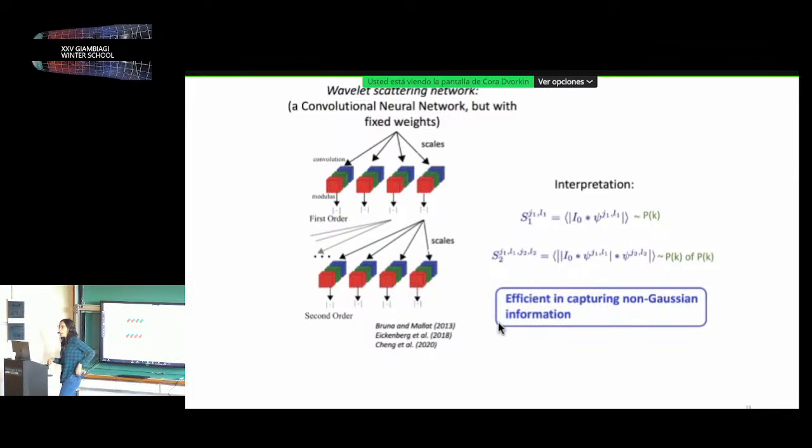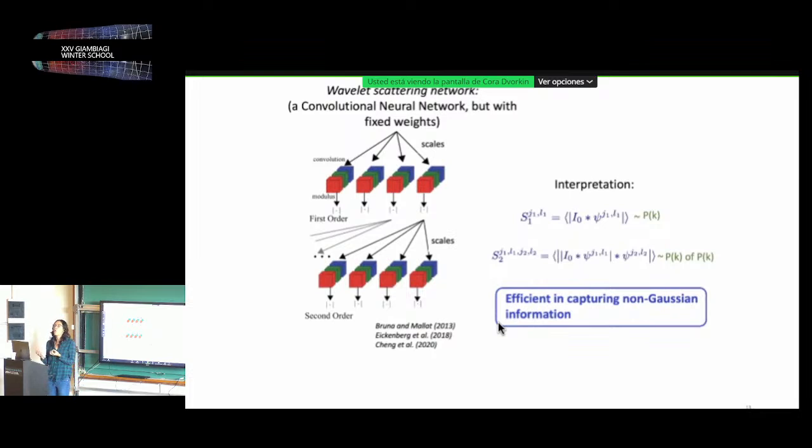In this case, the scattering transform is more transparent compared to a convolutional neural network. The kernels are not learned from the data. This is why the scattering transform is more interpretable than the usual machine learning algorithms.